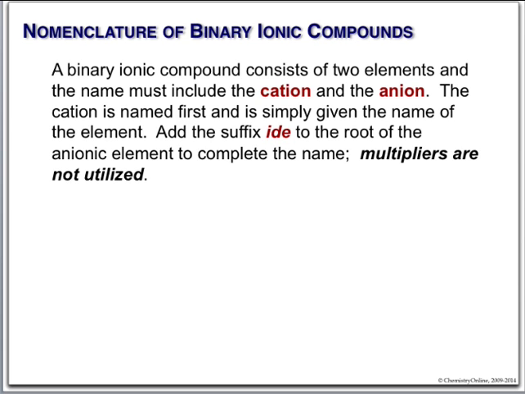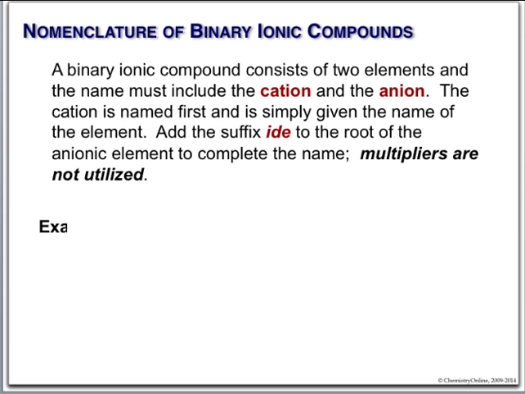Sodium, potassium, cesium, whatever. Just the name of the cation. The second name is the anion. Again, we're going to take the root of the element and we're going to add IDE to it. If we have more than one anion or cation, we do not use multipliers.